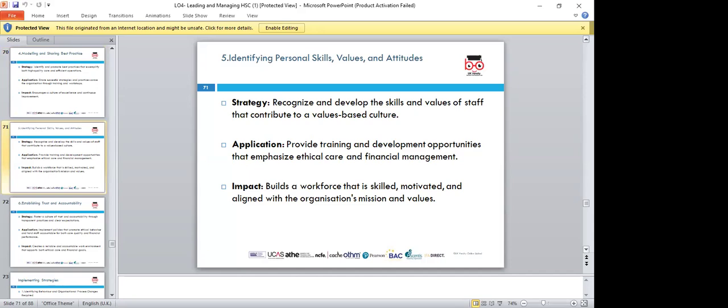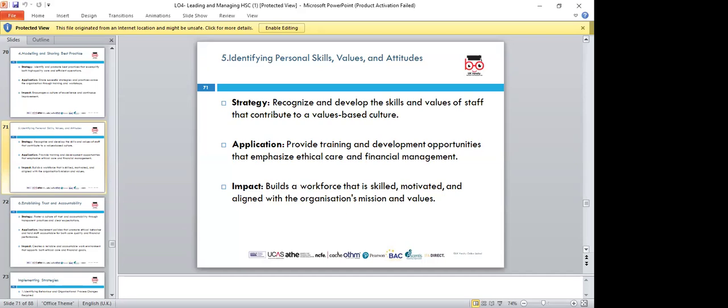When you have to identify the personal skills, values, and attitudes, the strategy is that you are able to recognize and develop the skills and values of staff that contribute to a value-based culture. The application will be that you provide training and development opportunities that emphasize ethical care and financial management.